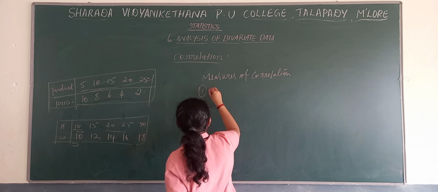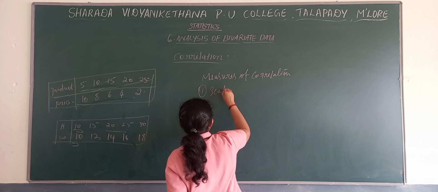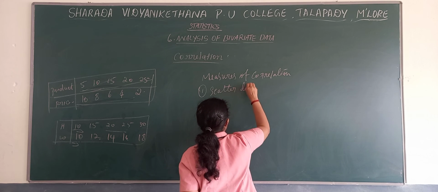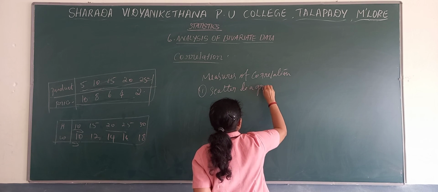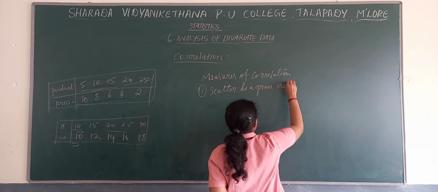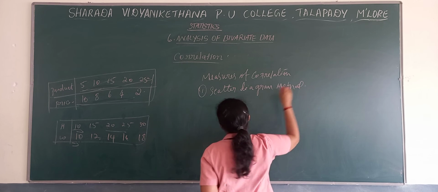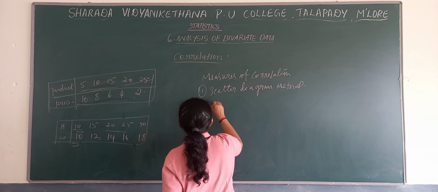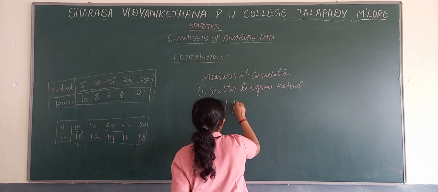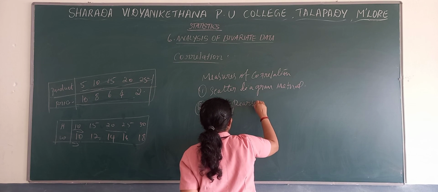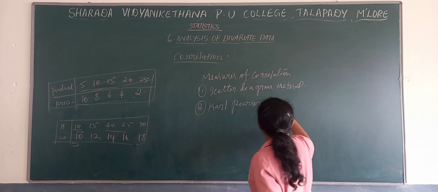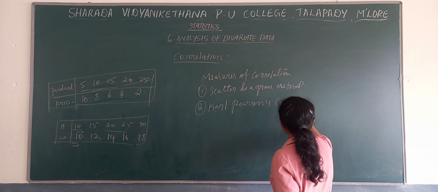Here, first one, scatter diagram method. Next we have Karl Pearson's coefficient of correlation.